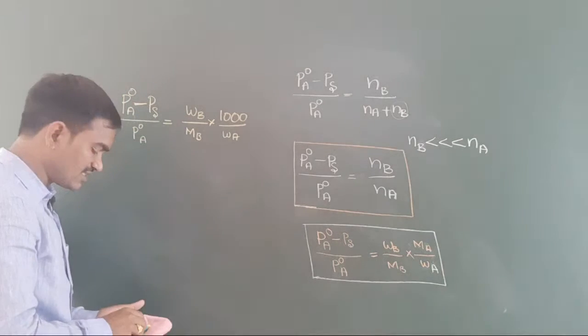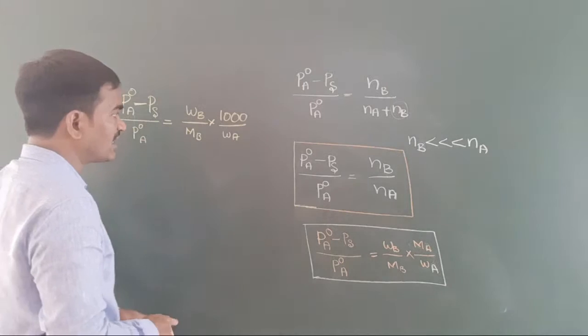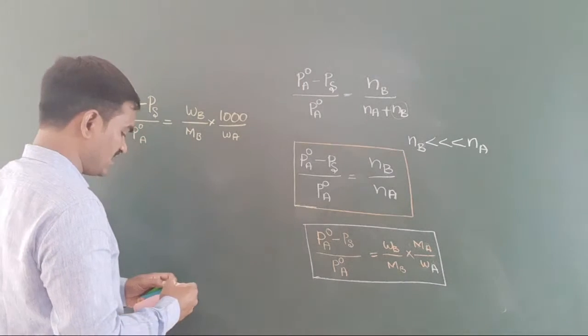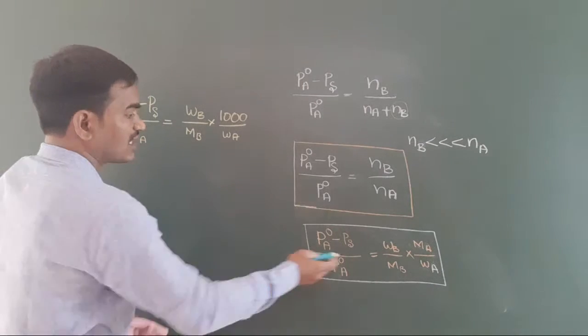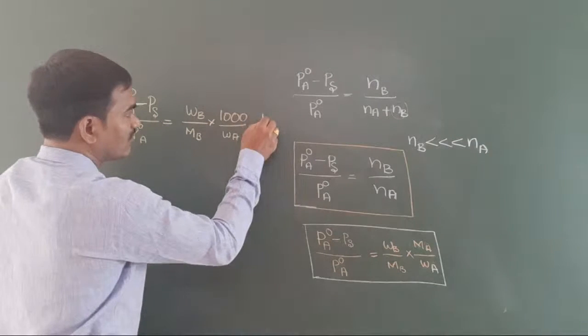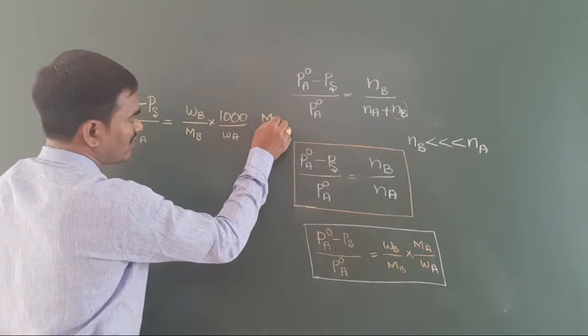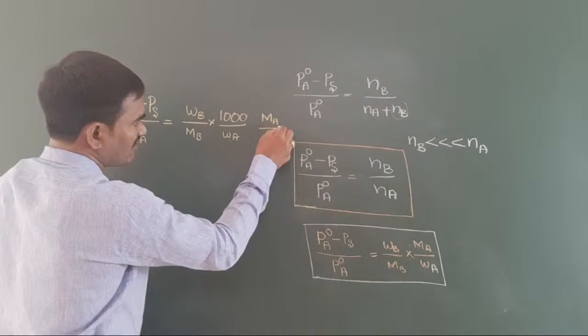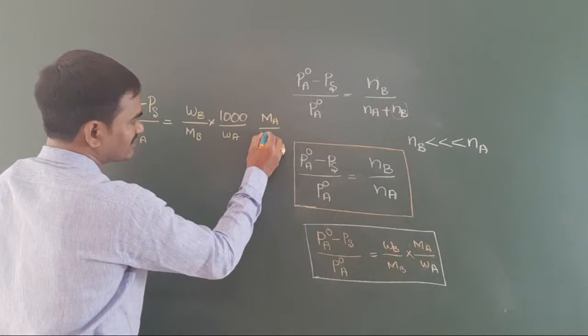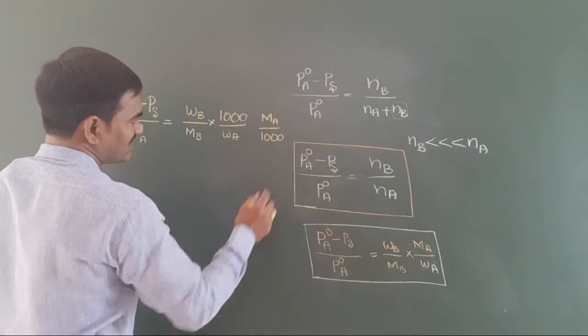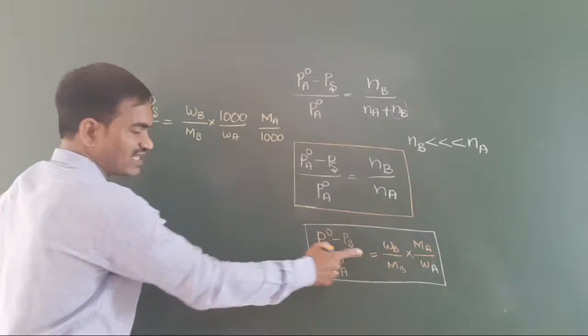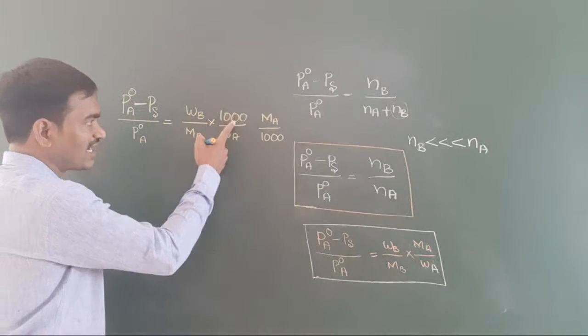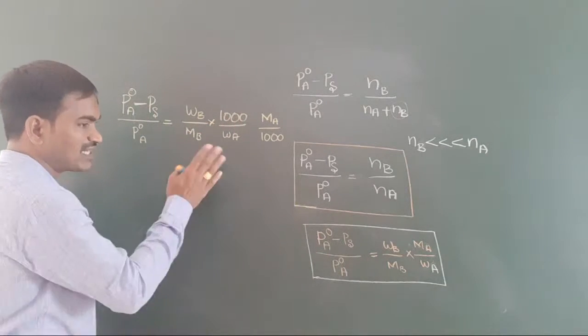Now the remaining part is the gram molecular mass of solvent divided by 1000. You see this logic: I have taken the same thing, but I divided and multiplied with 1000 by 1000.